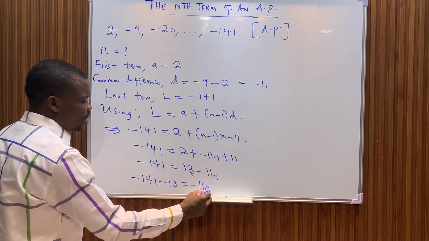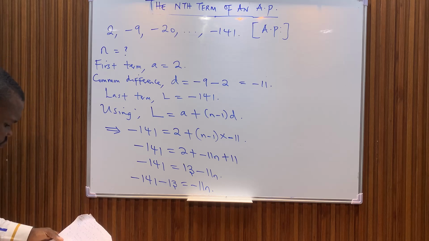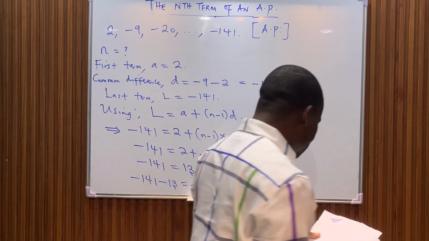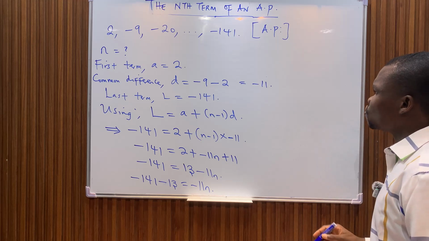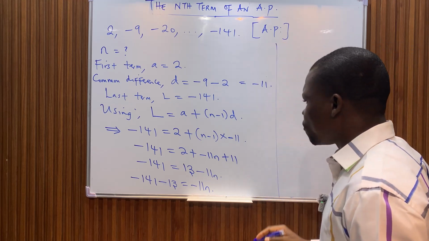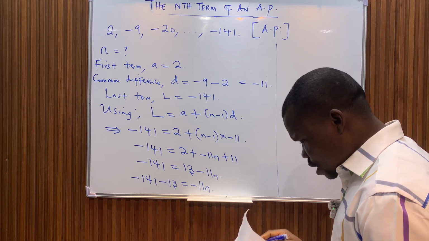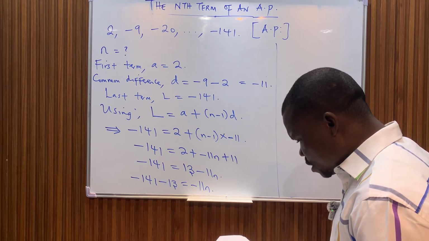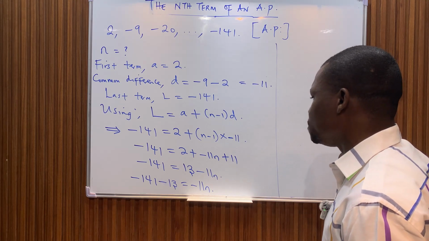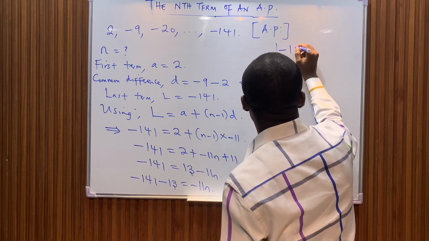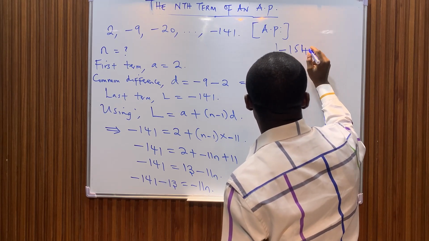If you add this together, minus 141 minus 13, let me confirm that, that gives me minus 154.